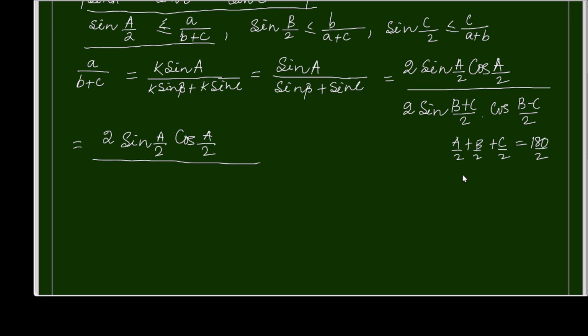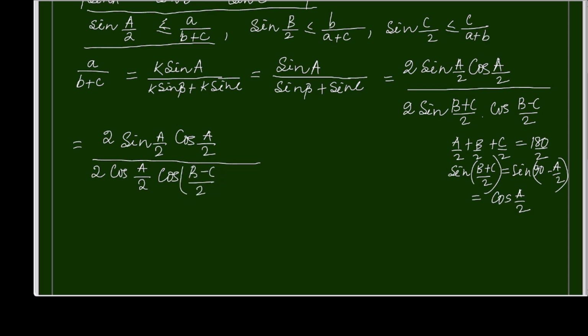So sine of (B plus C) by 2 equals sine of (90 minus A by 2), that will be cos half A. So in the denominator I'll write 2 cos A over 2, and no change in cos of (B minus C) by 2. 2 cancels, cos A over 2 cancels.